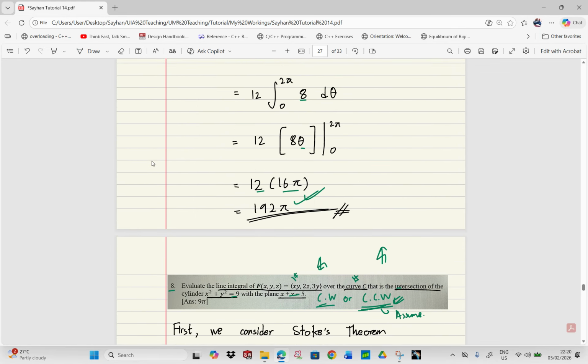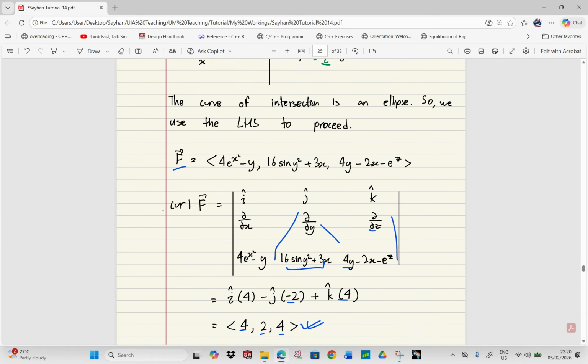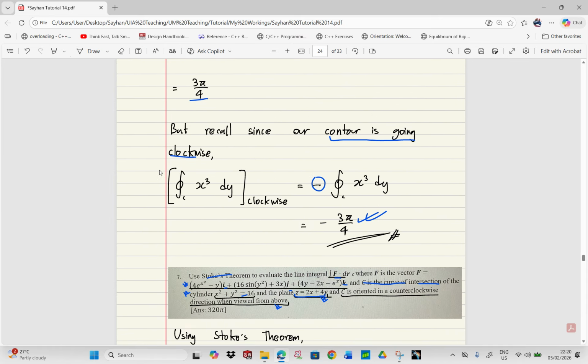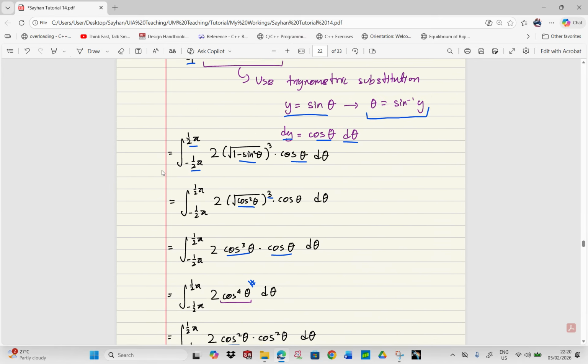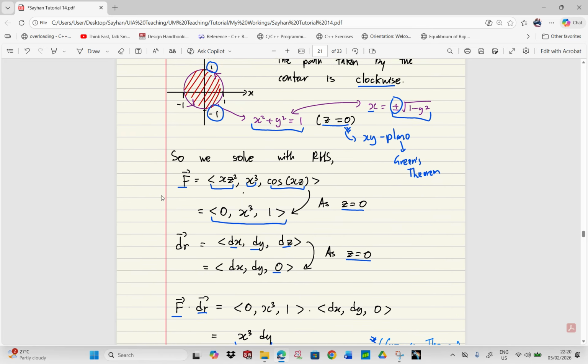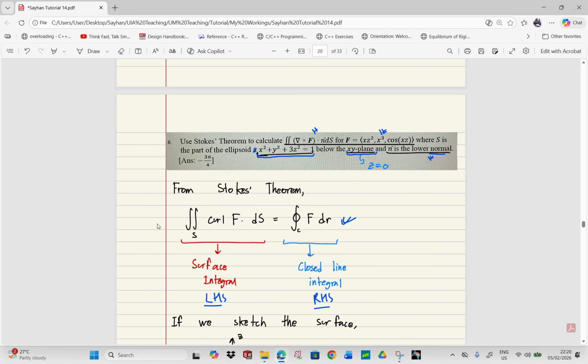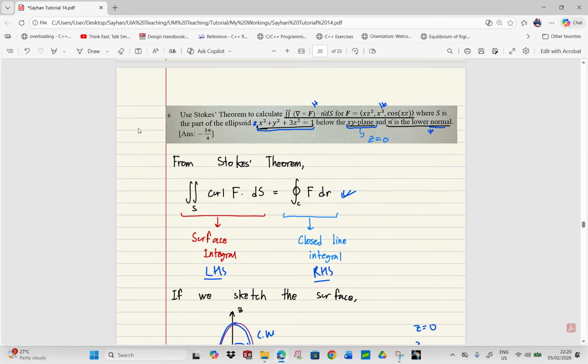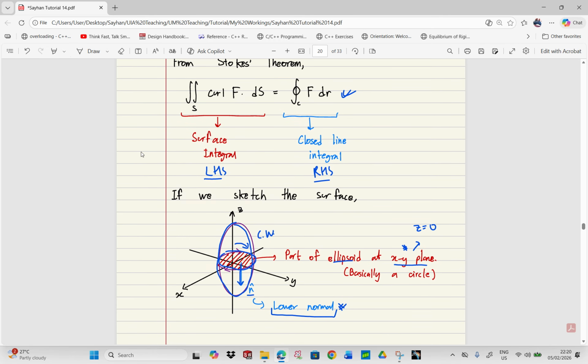And maybe for some questions, like question 6, if your region or surface of interest is a circle, basically the circle, then you can take this as your contour, and you can use the right hand side also to do the integration using Green's theorem.